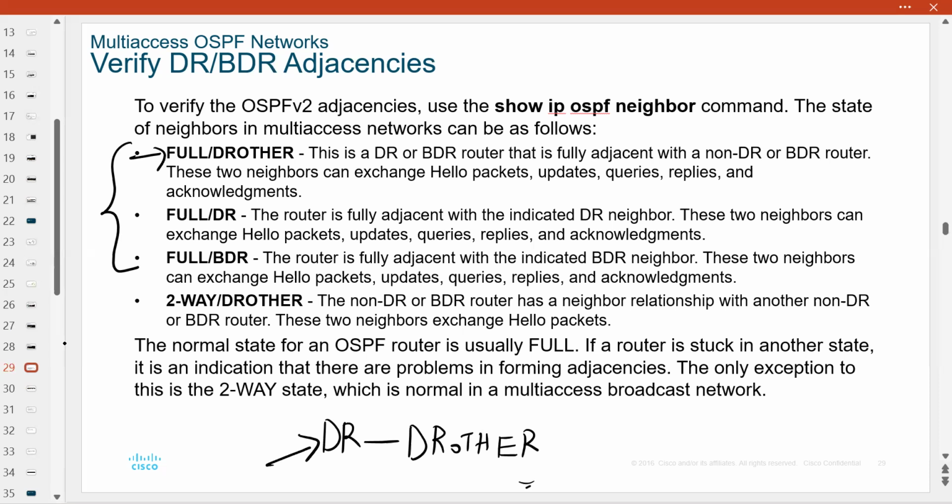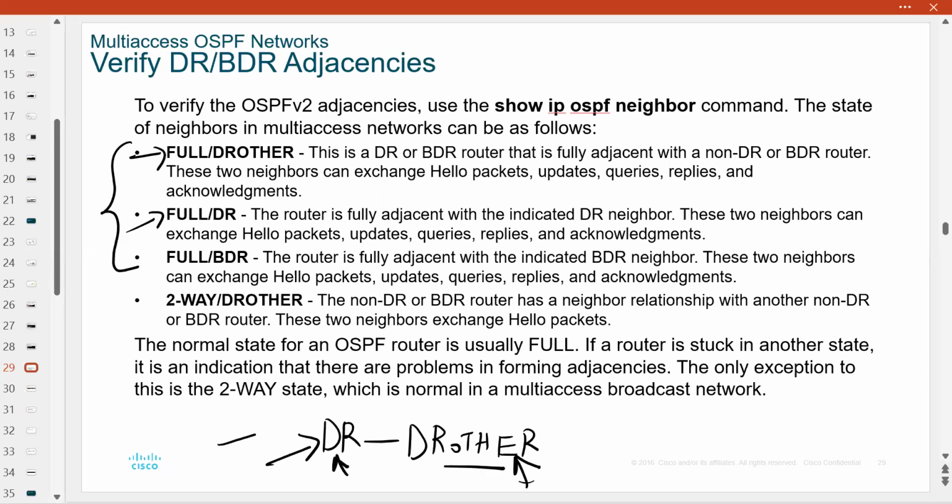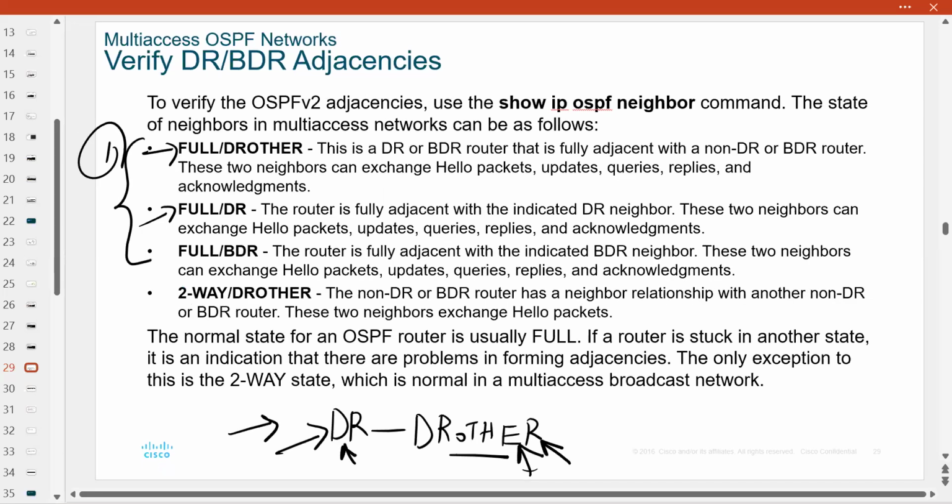If you go and you show the command here, it will show you a full DR, meaning the DR other is in full adjacency with the DR. From this side, you get number 1. From this side, you get number 2, basically. That is all that we mean.